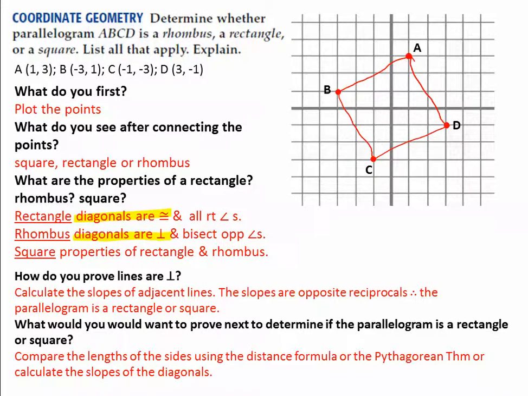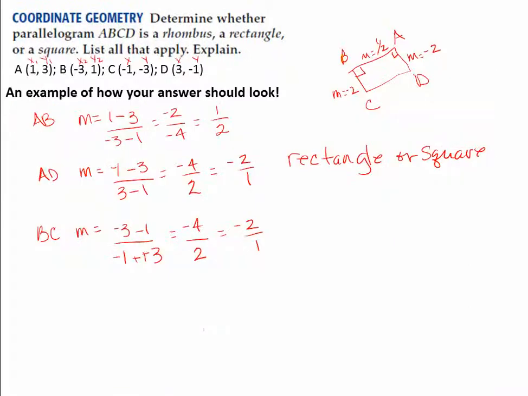It says, what do I want to prove next? I want to compare the lengths of the sides using the distance formula or Pythagorean theorem, or calculate the slopes of the rectangles. Okay, now remember, the diagonals of a square are perpendicular, but they're not perpendicular with a rectangle. So I'm going to go ahead and do that.